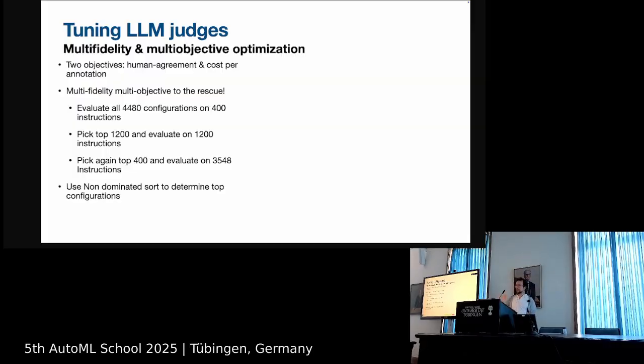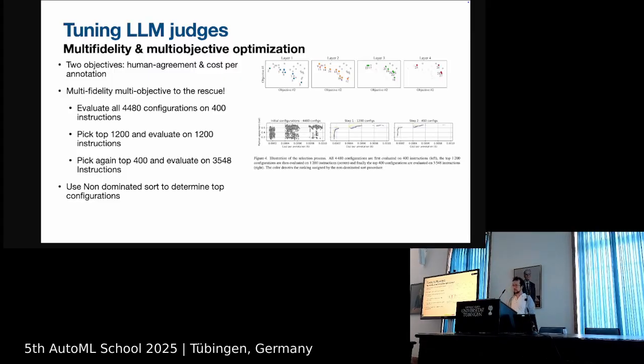We need to sort, but now you know that you can do non-dominated sort, this thing that we saw earlier. Here in particular, this is all the judge configurations. We sort the top configurations, evaluate those longer, and ultimately we end up with just a small number of selected configurations.